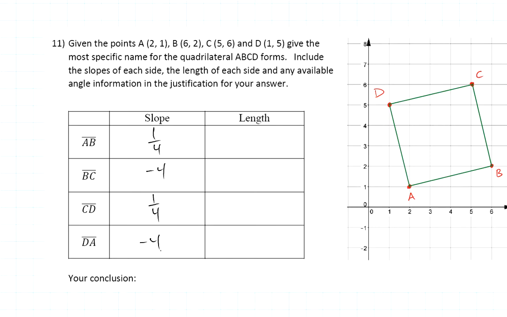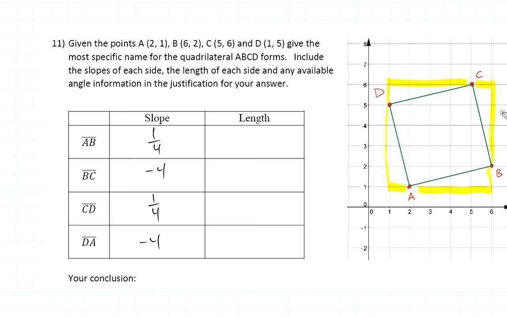In terms of lengths, when I look at the lengths, you can see that they all have this right triangle pattern here. It's like 1 and then 1. So if you look at that right triangle, it's 1 squared plus 4 squared. In fact, same thing here. 1 squared plus 4 squared, and 4 squared plus 1 squared, and 4 squared plus 1 squared.